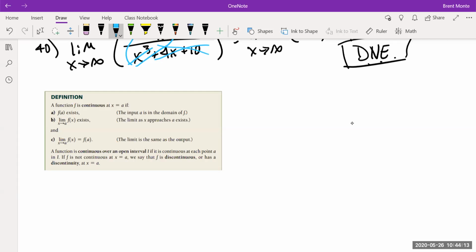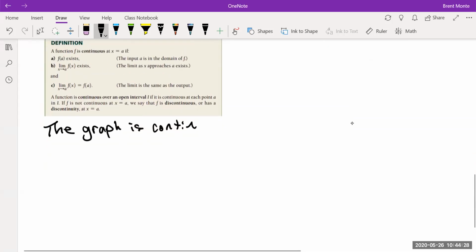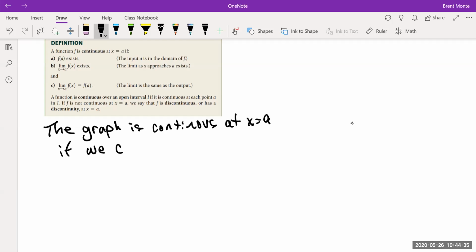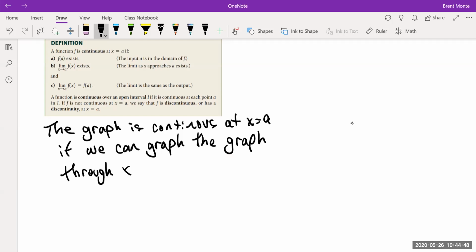For our purposes, really, we could say this. The graph is continuous at x equals a if we can draw the graph through x equals a.